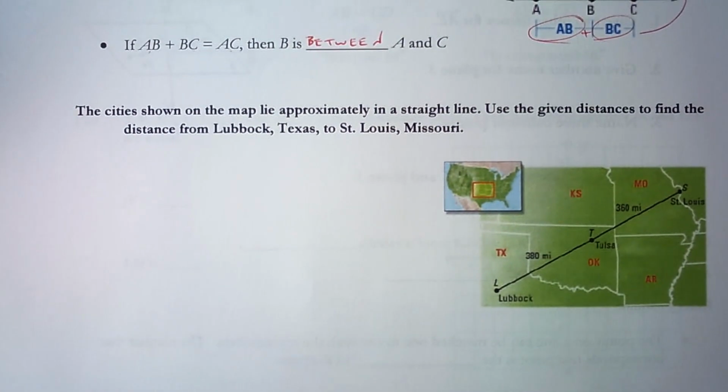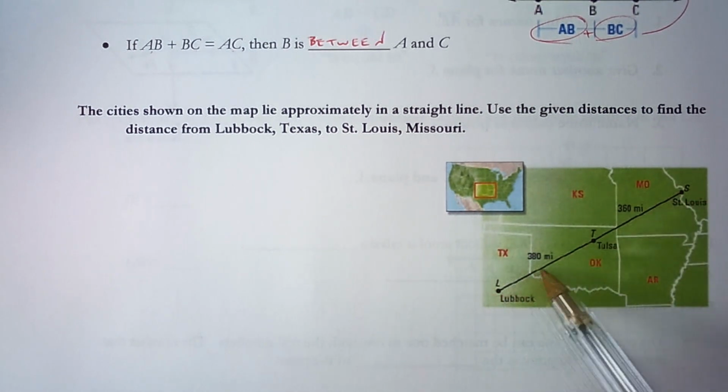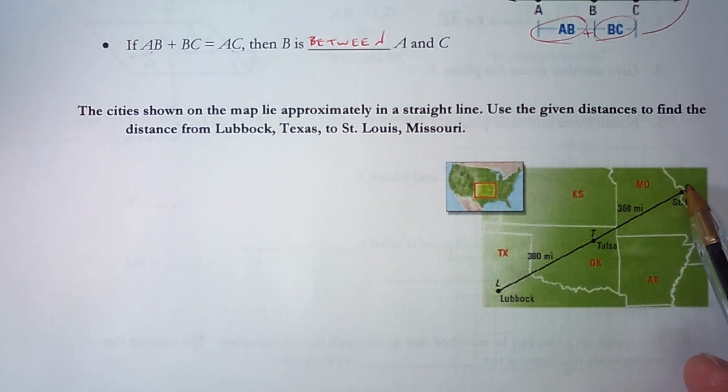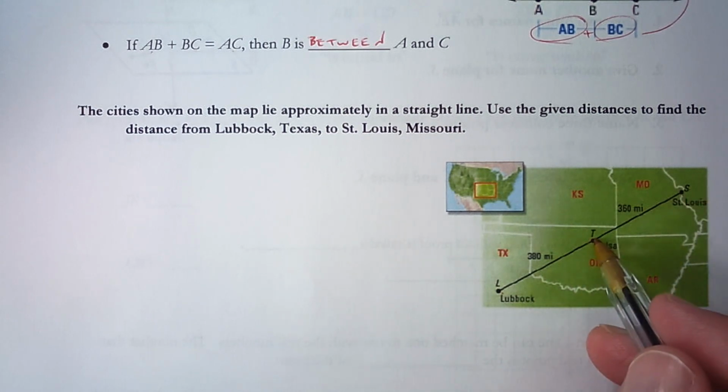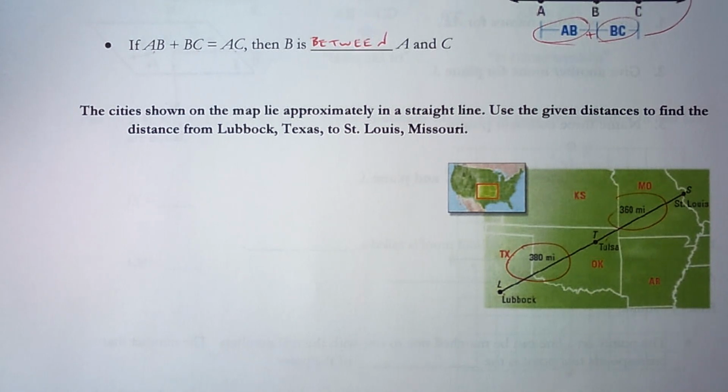We've got a couple cities shown on a map here that lie in approximately a straight line. Use the given distances to find the distance from Lubbock, Texas to St. Louis, Missouri. From Lubbock to Tulsa is 380 miles. From Tulsa to St. Louis is 360 miles.